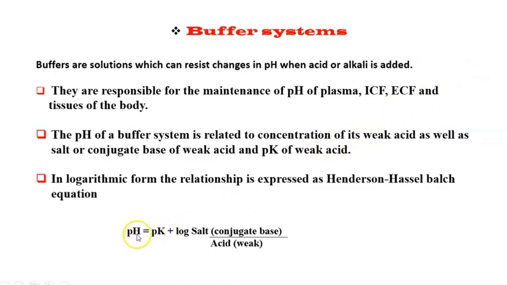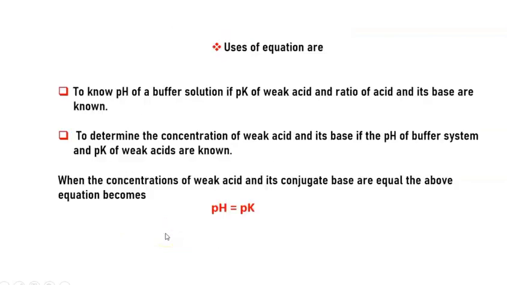The first is to know the value of pH: if the pK and the acid and salt values are known, you can find your pH. The second says we can also find our pK if the value of the pH is known and the values of your salt and acid are known.